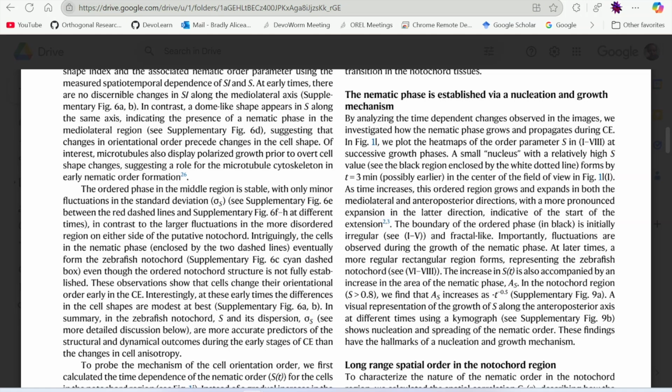And you could easily miss the beginning of that, because the beginning of that process occurs at extremely small scale, namely the size of individual tubulins. So I can't agree with them that change in cell shape comes after the process of nematic formation. I think they just didn't detect it.